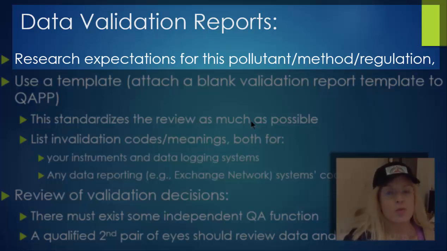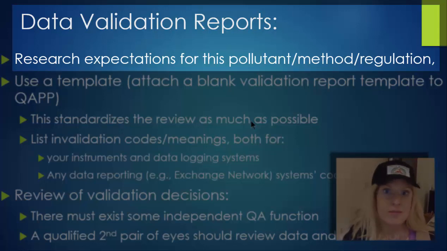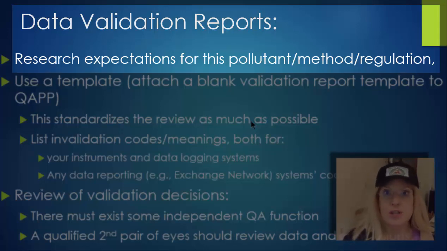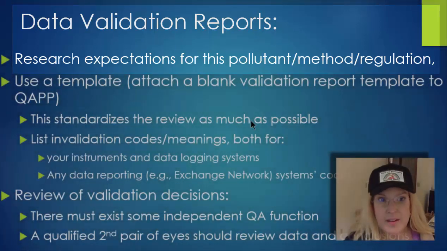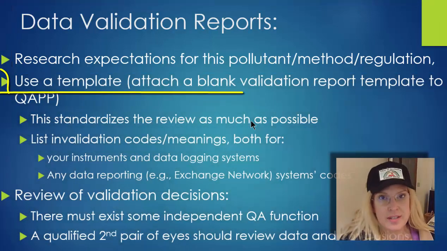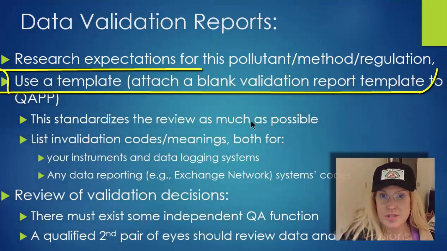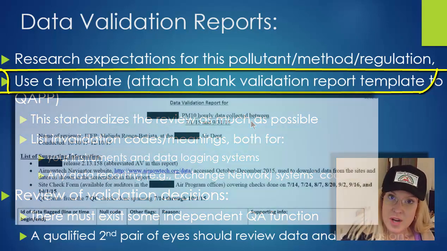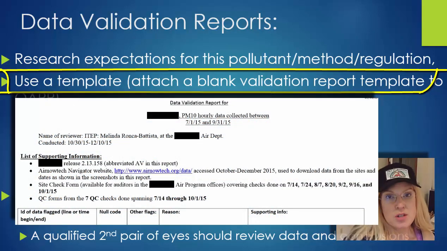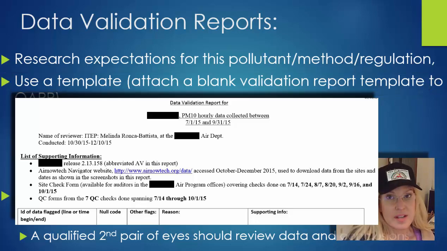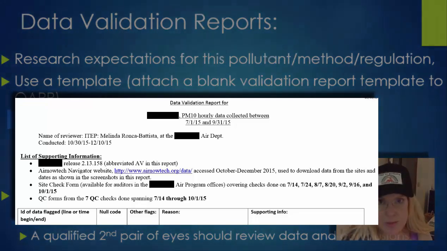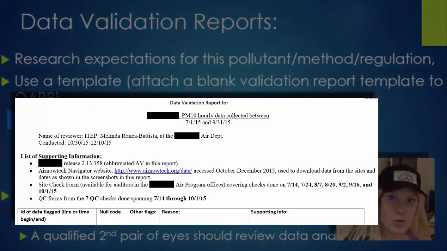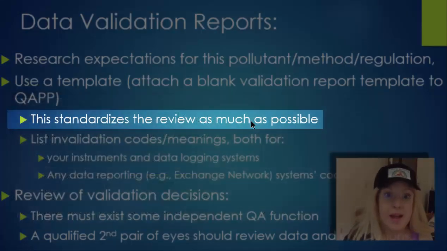So try to look at what information is out there regarding summaries of this pollutant measured in this sort of way using this sort of method. As much as possible, try to standardize your data validation procedure, and then this part of your QAPP is a bit easier to write because you could say our data validation follows the steps that are outlined in our data validation report template, which is an attachment. And basically you just go through whatever is expected for that method.